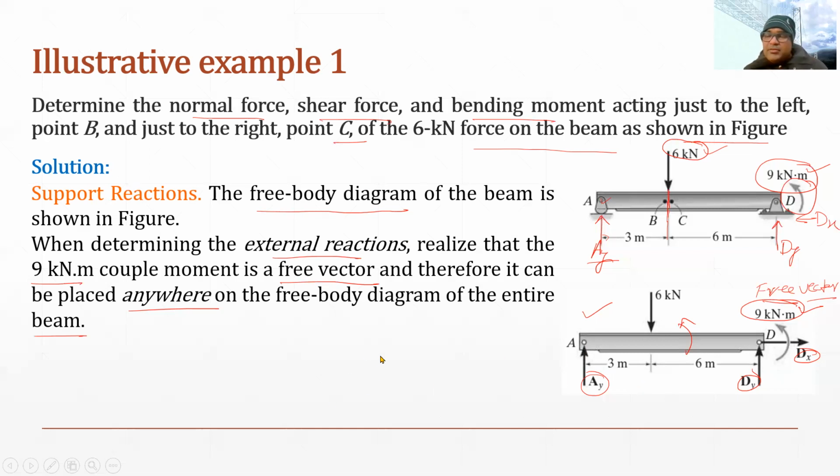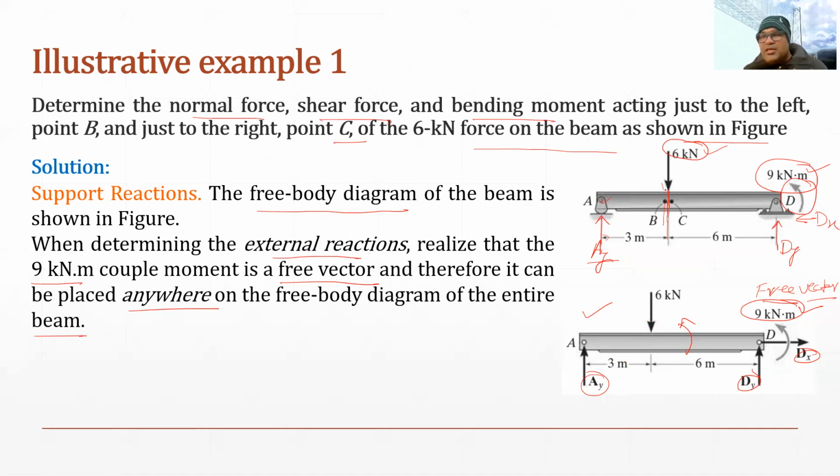Now first of all, we have to decide that we are taking the left hand side part of the beam to calculate the internal loading, whether at the section point B or at this point C. Now you will understand why: because on the left hand side portion, we will have the least number of forces.